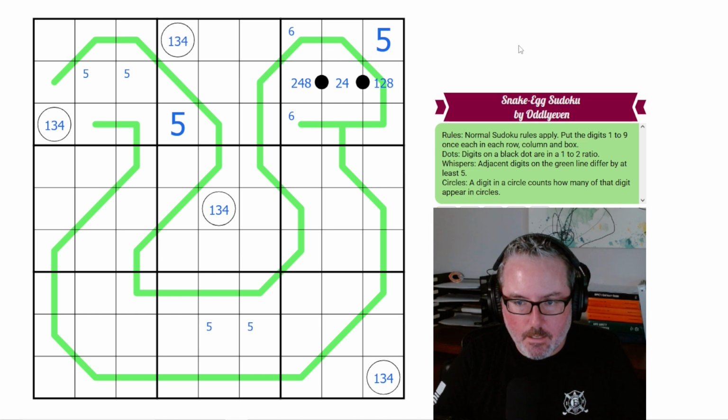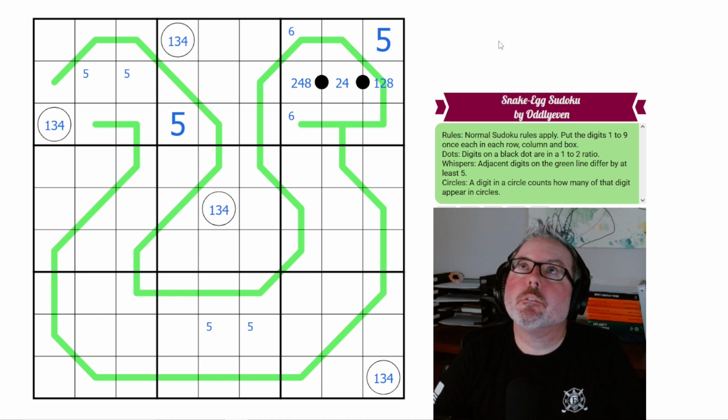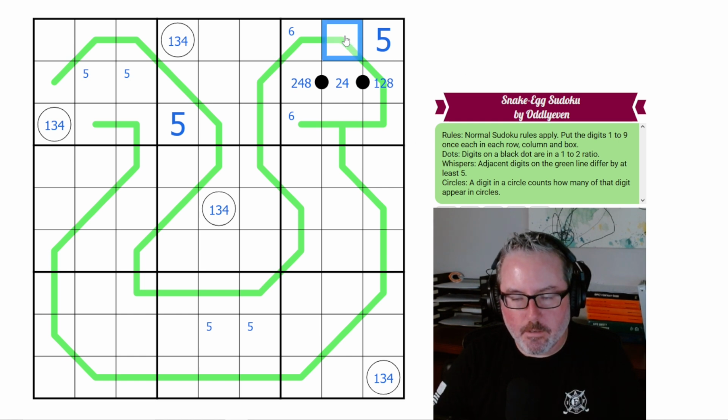Now, can I say that there can never be a 7? Is that possible? No, I don't think it is. And what I was trying to think of is, if I were to put a 7 here, let's say, well, the 2 digits next to it have to be 1 and 2. 3 and 4 don't work with a 7 on a black Kropki, or on a German whisper.